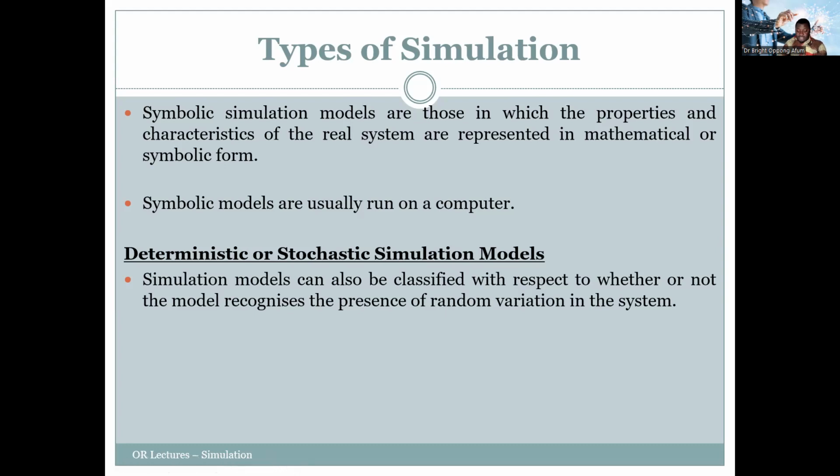So deterministic models, or usually when the simulation is related with random variations in the system, or random variables, then we say that they are either deterministic or they are stochastic, right? So when we say deterministic, it usually refers to the ignorance of randomness, or we don't actually see randomness.